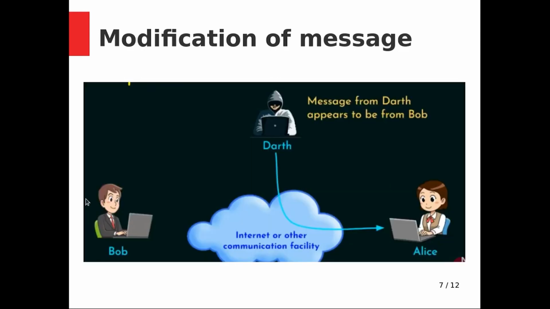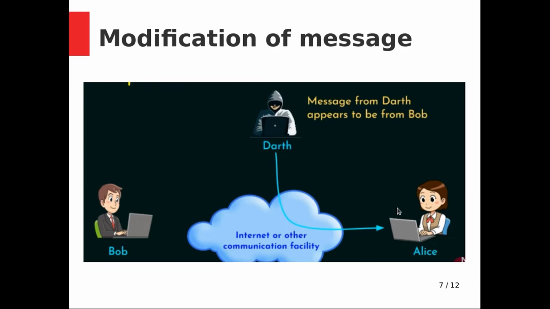Modification of message: here Bob is communicating with Alice on the internet or any other communication facility. Now here is the hacker called Darth. He tries to modify the messages sent by Bob to Alice.